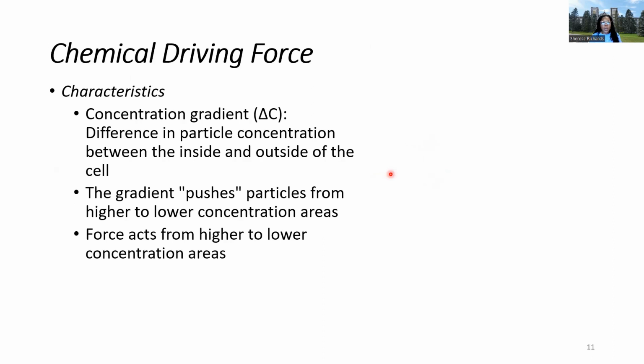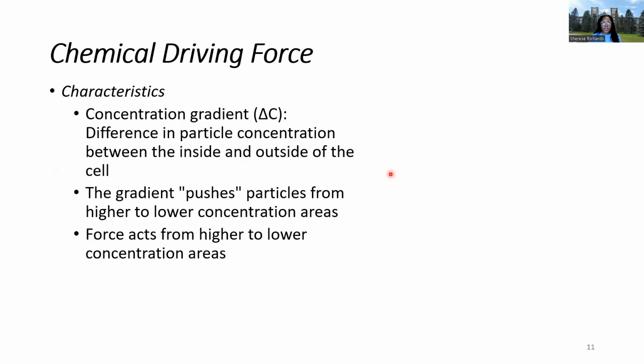And that gradient wants to equalize those particles across the membrane. So that gradient is going to want to push the particle from higher concentration to lower concentration in order to equalize the concentration across the membrane, okay?